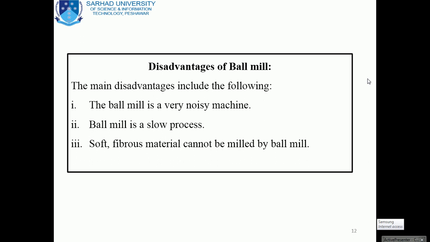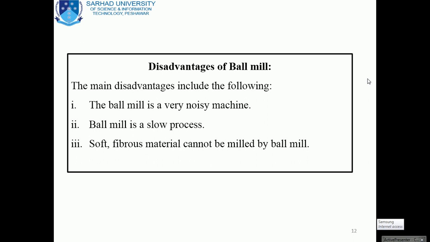The rolling of the balls over one another is necessary for that particular action, and this mechanism of rubbing against one another is difficult, so the process is very slow.